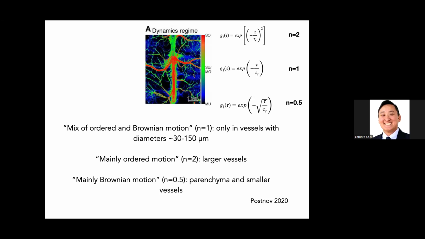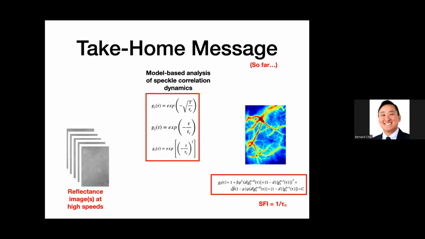So this is a way to segment out the different types of flow dynamics you can see based on fitting that equation. You measure the intensity of each pixel, you get the G2 value out from doing correlation on that intensity, then you fit to that G2, and then you can back out different parameters. The fitting takes some time. In this case, we're just doing reflectance imaging at high speeds.